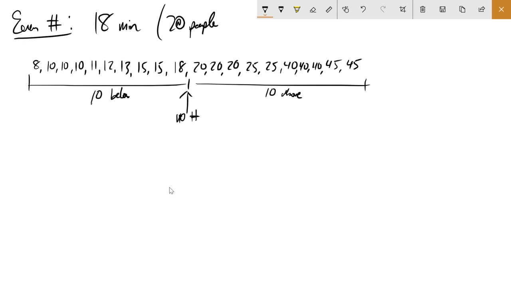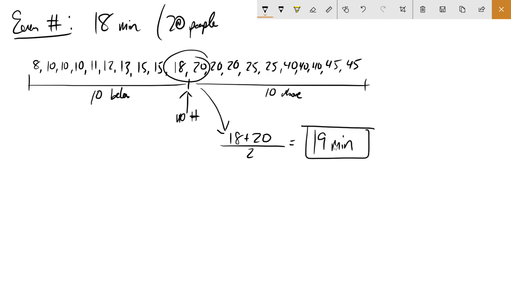So what we do is we take those two numbers and we average them, in other words, we find the mean of those two numbers. You add them up and you divide by 2. And so in this case, we would say that the median would be 19 minutes. So even though 19 is not one of the observations in our data set, it's the average of the middle two. So if there is a middle number, then pick it. If not, just average those middle two.